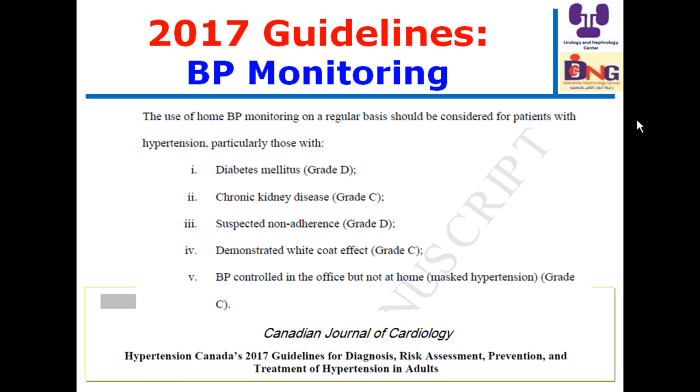The use of a home blood pressure monitor on a regular basis should be considered for patients with hypertension, particularly those with diabetes, chronic kidney disease, suspected non-adherence, demonstrated white coat effect, or blood pressure controlled in the office but not at home, which is known as masked hypertension.